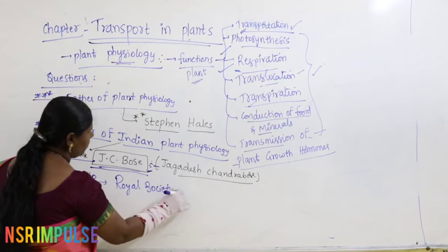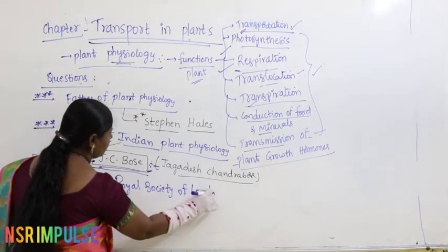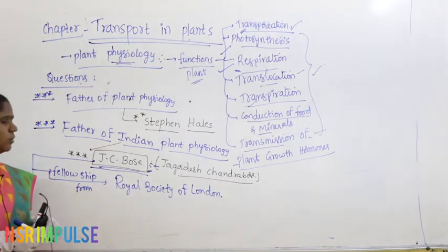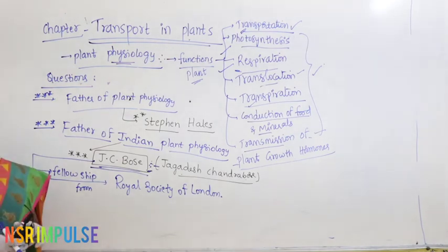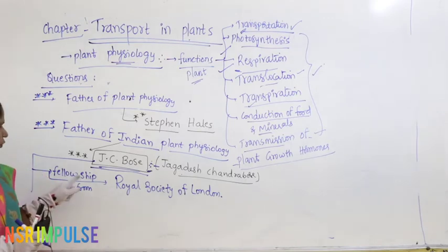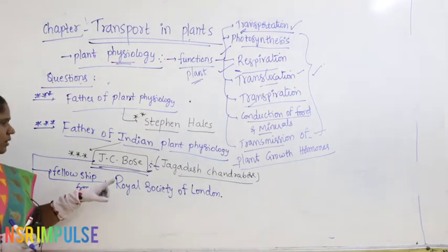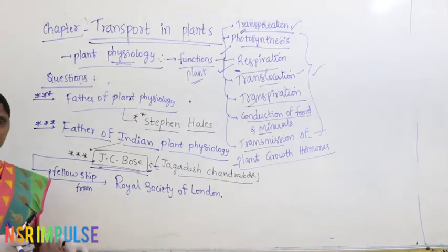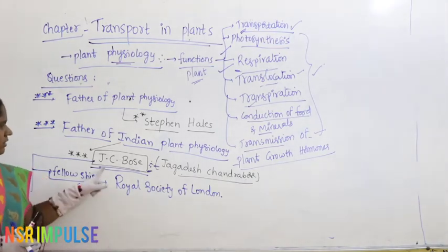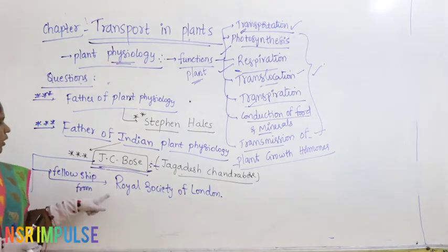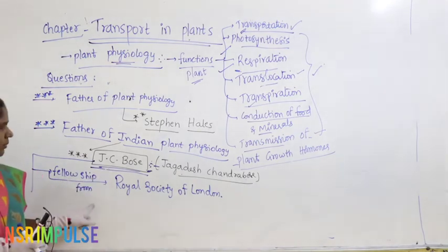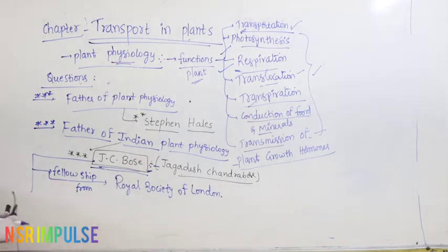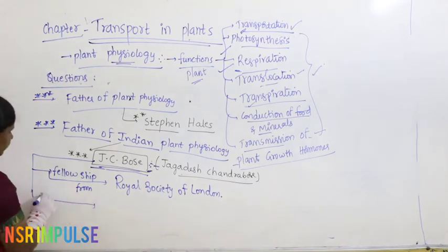Very few scientists across the world, even though they do a lot of research, get a fellowship from such a great eminent body, the Royal Society of London. Among few people, our JC Bose was one of the persons who was awarded a fellowship from the Royal Society of London.